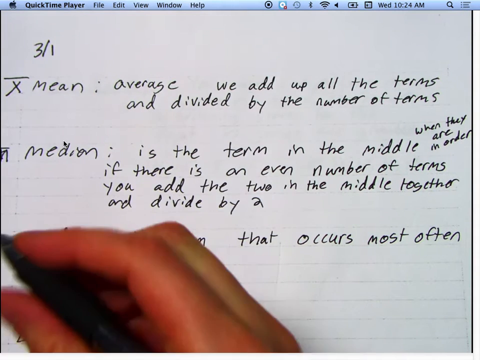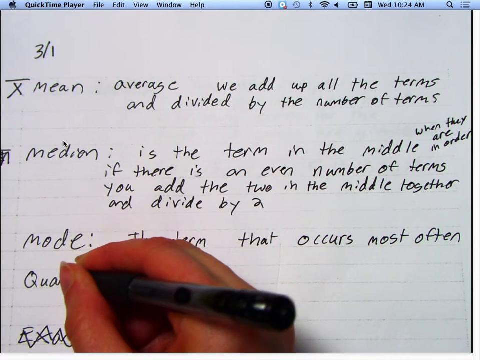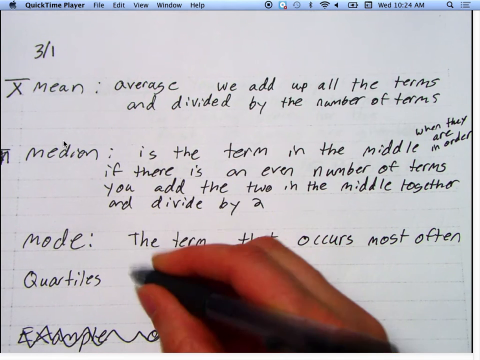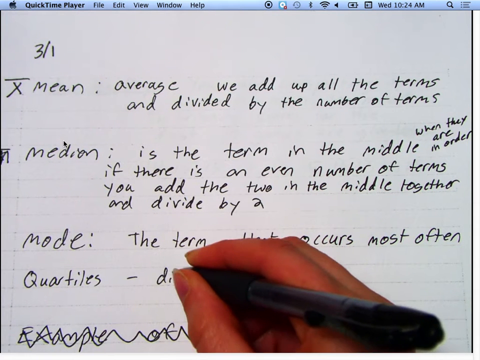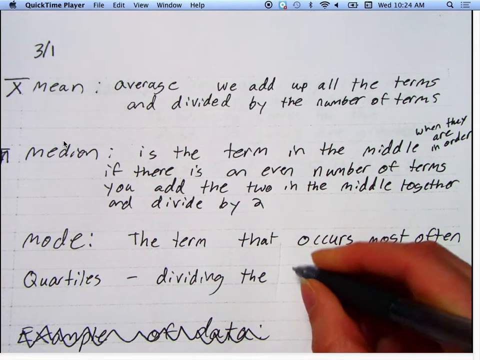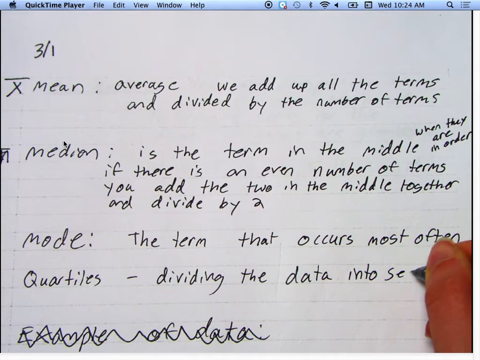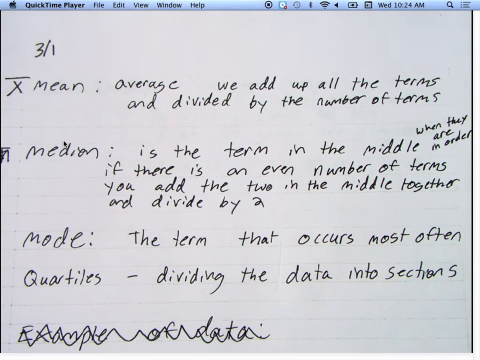Okay. The other thing we're going to learn about that you might not have heard of before is quartiles. And it's just dividing the data into sections. It's when you see a box and whisker plot, that's in quartiles.